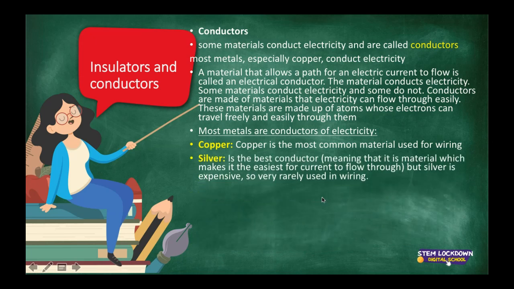Silver is the best conductor, meaning that it is the material which makes it easiest for current to flow, but silver is expensive and so very rarely used in wiring. So it's very rare to find wiring made of silver, all right? But we do know that silver is a very good conductor, way better than copper.